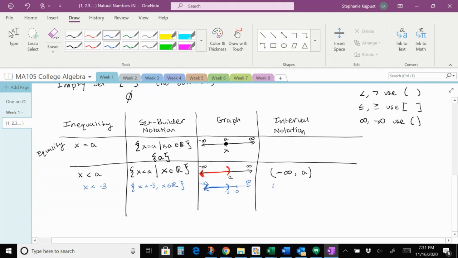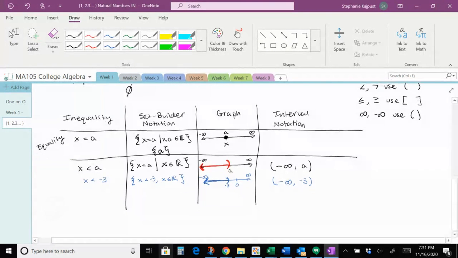In interval notation, this would be -infinity to -3. So that A is just representing some number, whatever you get from solving. This is how we write it, and it doesn't matter what that number is, it's always going to be written this way.